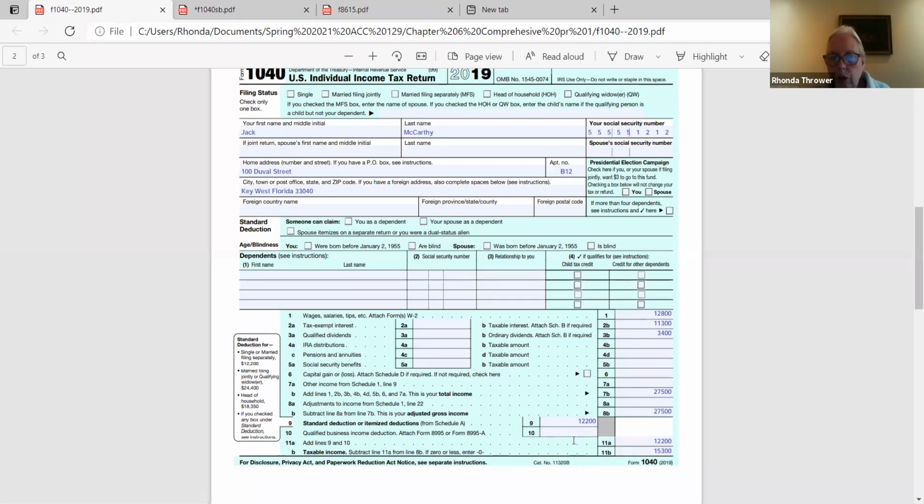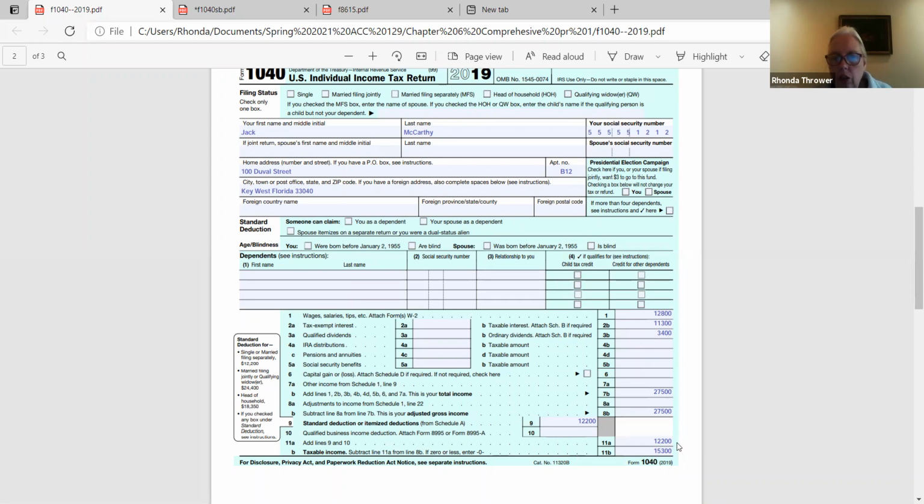And then there was nothing about qualified business income. And so you go on to line 11A, which is adding lines 9 and 10 together. So these two would be combined to get 11A.